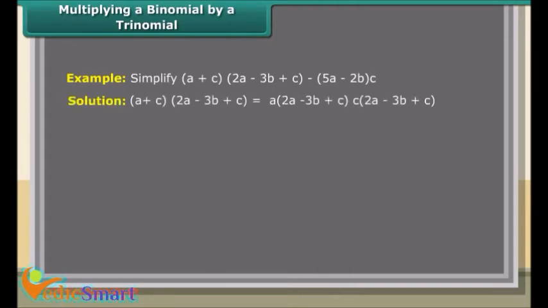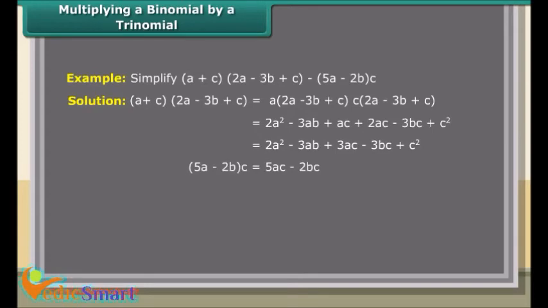Solution. (a plus c) into (2a minus 3b plus c) is equal to a into (2a minus 3b plus c) plus c into (2a minus 3b plus c) is equal to 2a square minus 3ab plus ac plus 2ac minus 3bc plus c square, which equals 2a square minus 3ab plus 3ac minus 3bc plus c square.